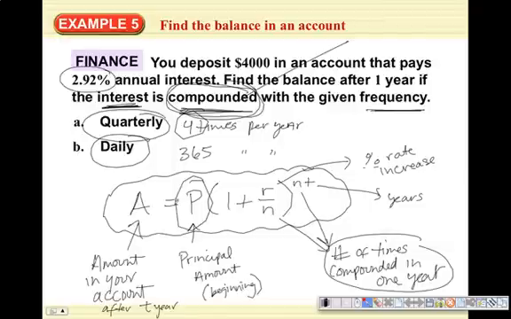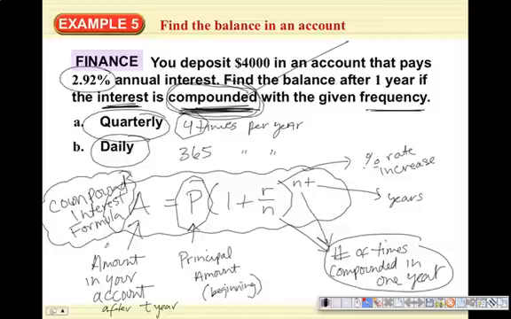You would actually use the other equation we just used for example 4. So it has to say the word compound, otherwise it's not compound interest. So you can write right on here, compound interest formula. Okay, write that down. Very important.